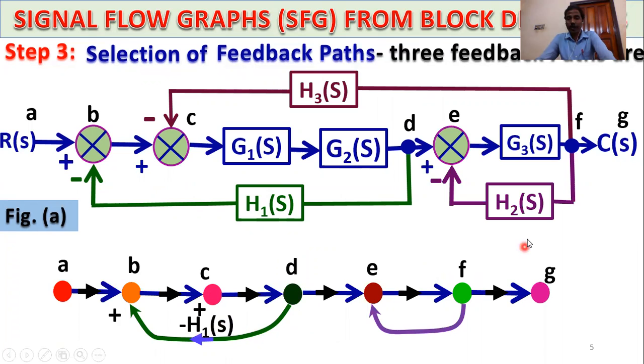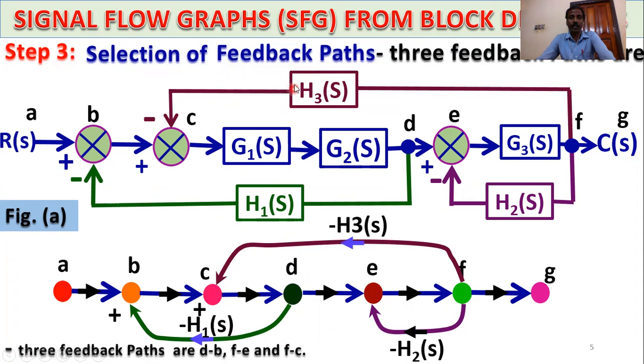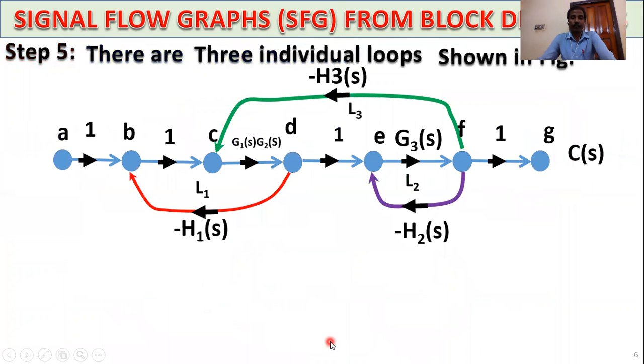The second feedback path has gain minus H2(s). And the third feedback path is also negative, so this is minus H3(s). Three feedback paths.